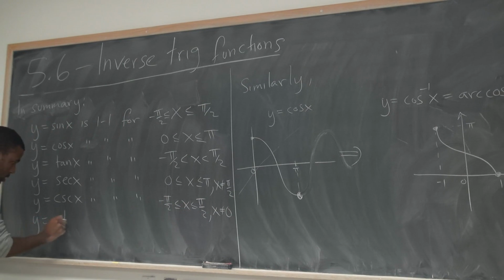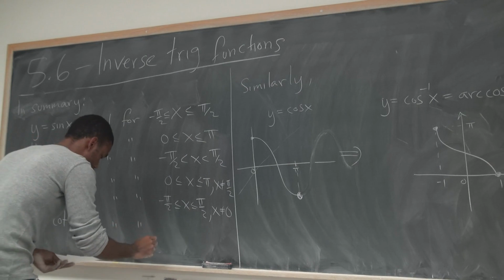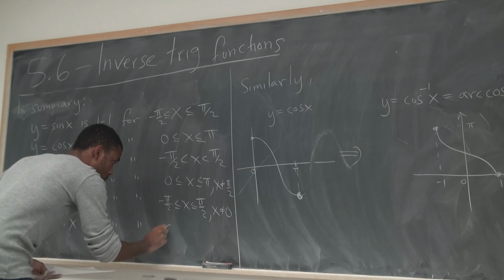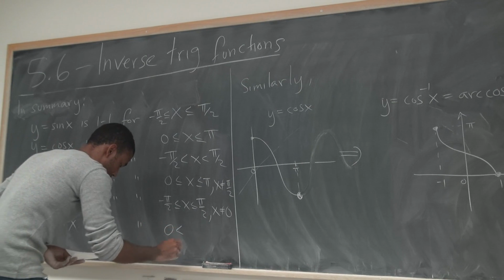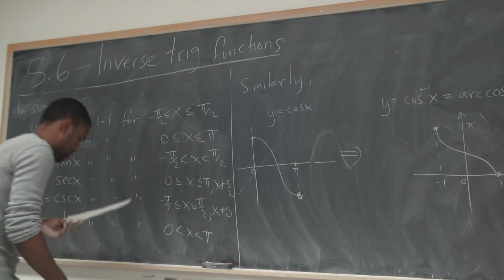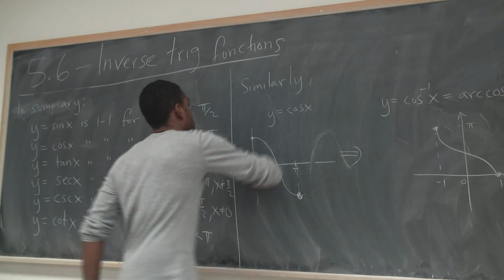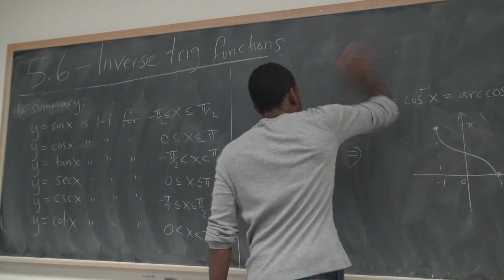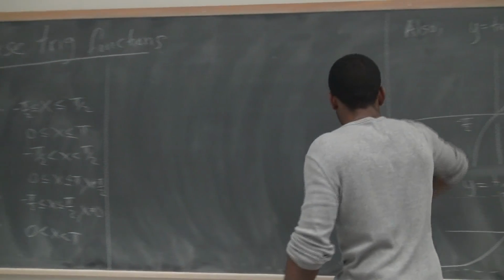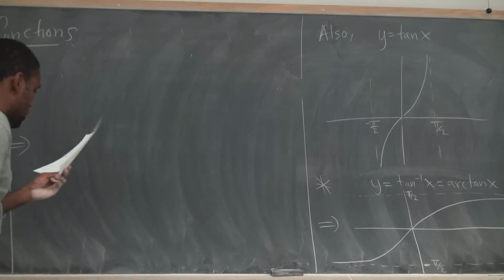Y equals cotangent is 1-to-1 for 0 less than or equal to x less than or equal to pi. So that's some properties of the original trig functions. This gives us the properties of some of the inverse trig functions.